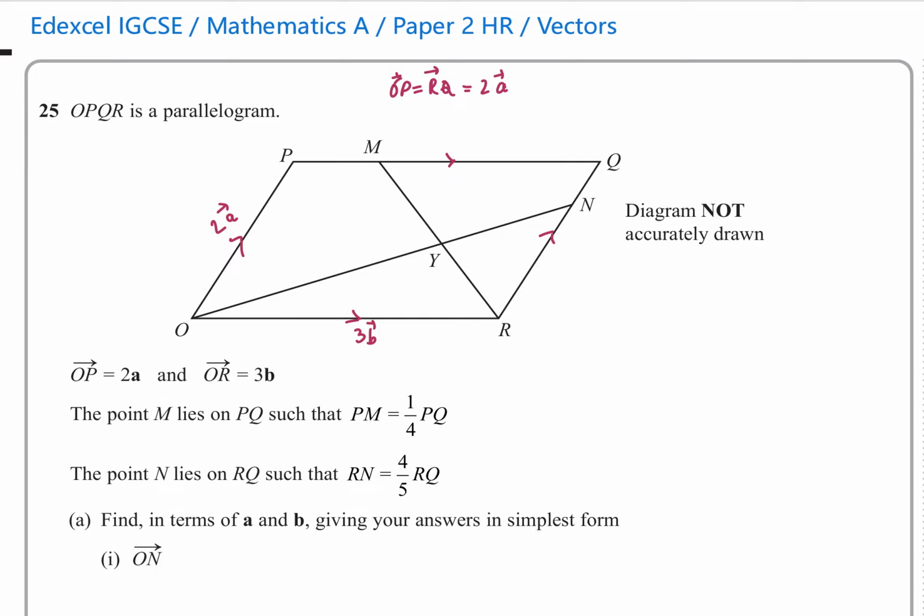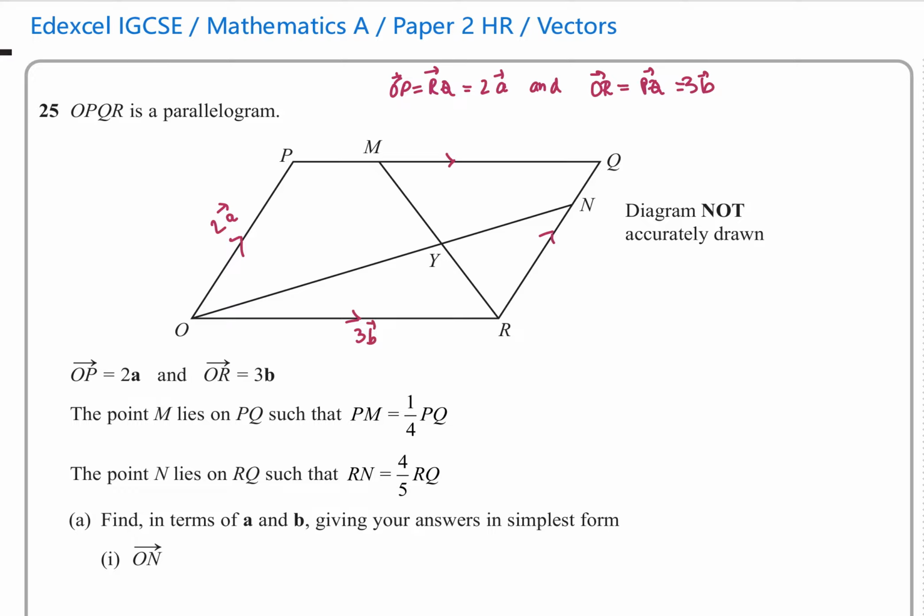A is here in the vector A. And also we can write OR is equal to PQ is equal to 3B. So we have this.